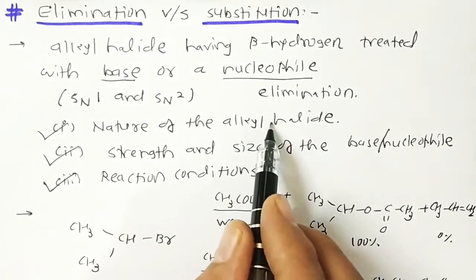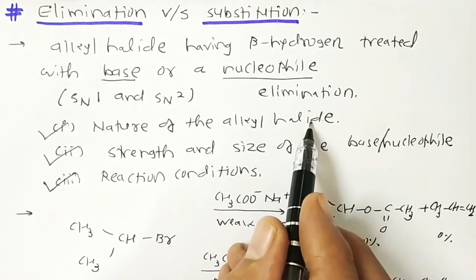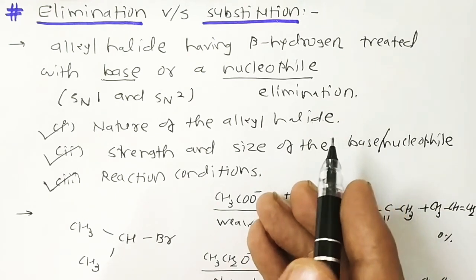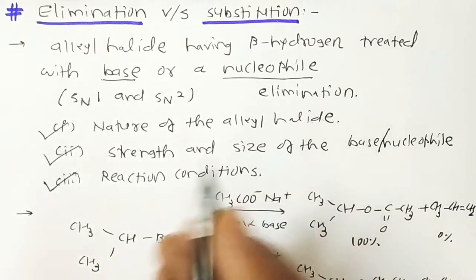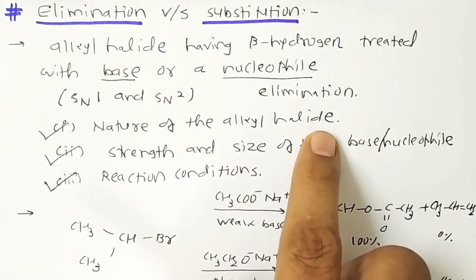If the alkyl halide is tertiary, secondary or primary: if tertiary and you have a strong nucleophile or base, it favors elimination reactions. If the alkyl halide is primary, it predominantly goes towards substitution reactions, mainly SN2. So it's the nature of the alkyl halide.